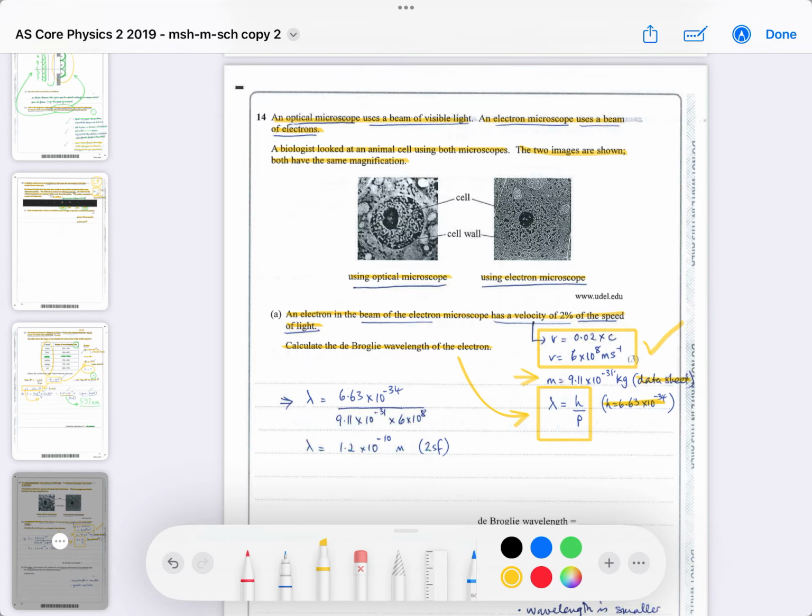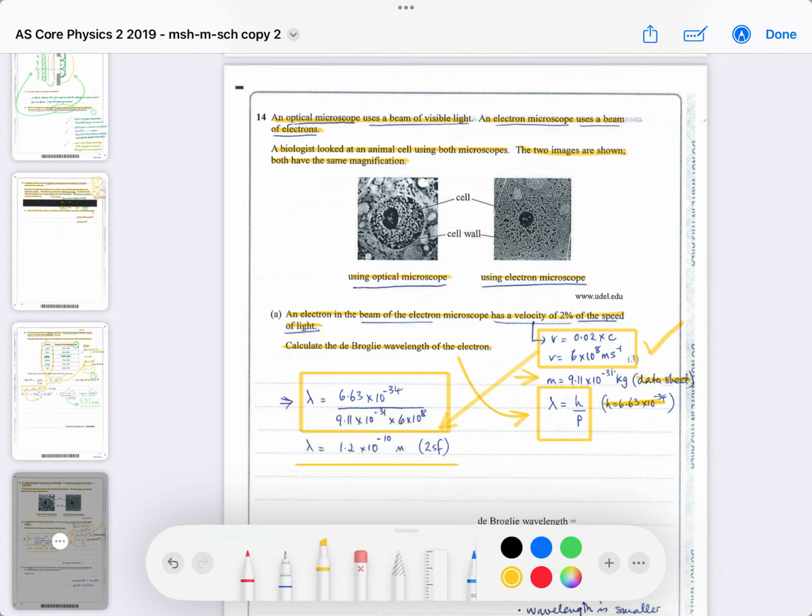So once we know basically everything to be able to work out the answer, you put your numbers in from your data sheet, plus the velocity that we just worked out. So the bottom of this equation is mass times velocity, and the top is Planck's constant, so that gives you a value of 1.2 times 10 to the minus 10 meters for the wavelength of the electron microscope electrons.